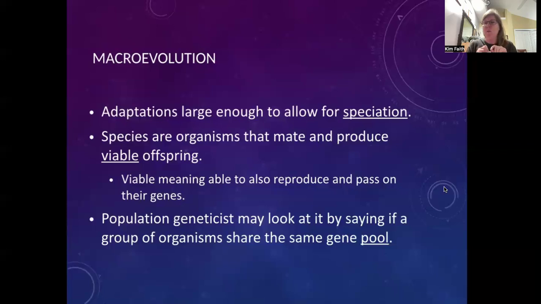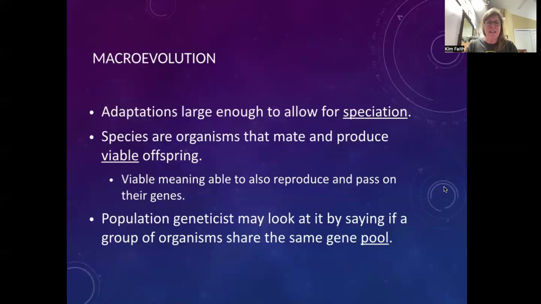The only way you can get a mule is by breeding another horse and a donkey. You cannot breed a mule and a mule. They are sterile, so you can't take a mule and get baby mules. So the donkey and the horse are two different species, but we are able to get a hybrid, but that hybrid is sterile. So that's what we're talking about when we talk about species.